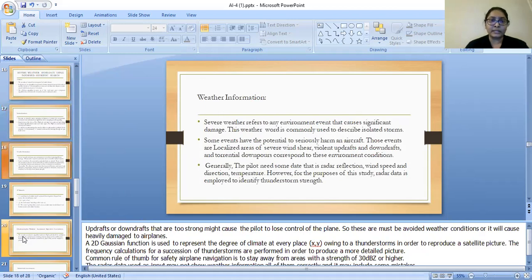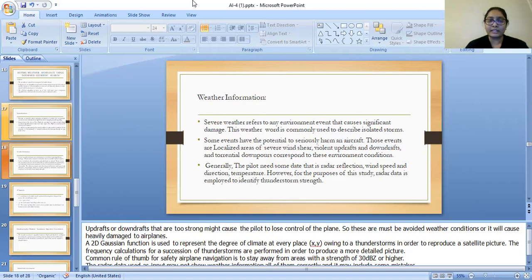And the next topic is weather information. Severe weather refers to any environmental event that can cause significant damage. The word is commonly used to describe isolated storms. Some events have the potential to severely harm an aircraft.